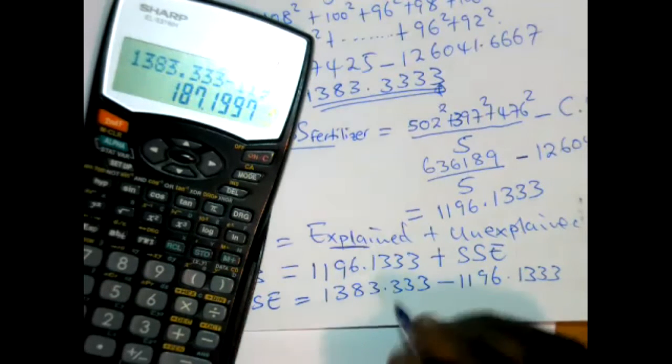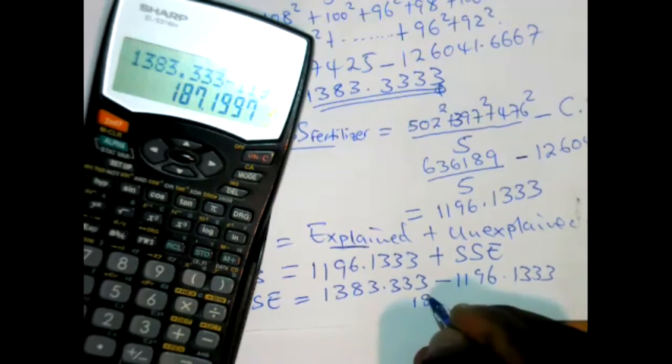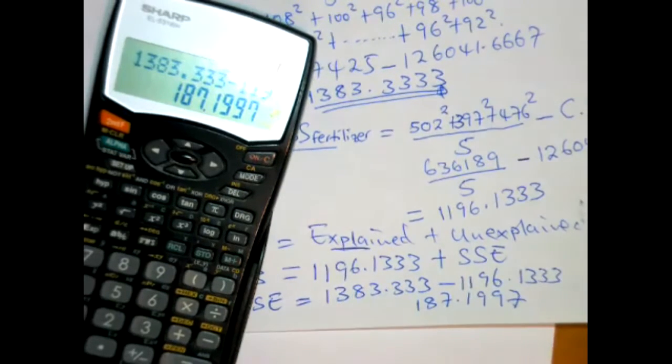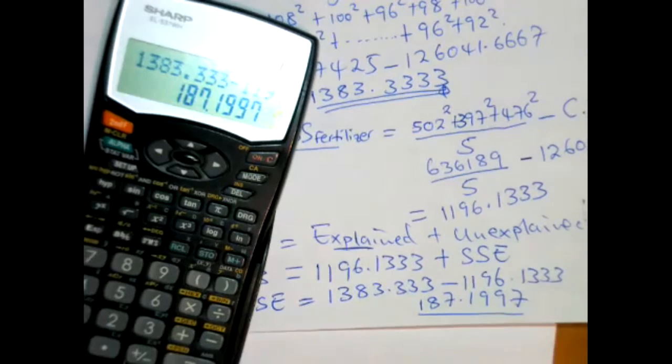So I'm getting 187.1997 as my SS error. Now, with all this, I now have the sum of squares due to total.